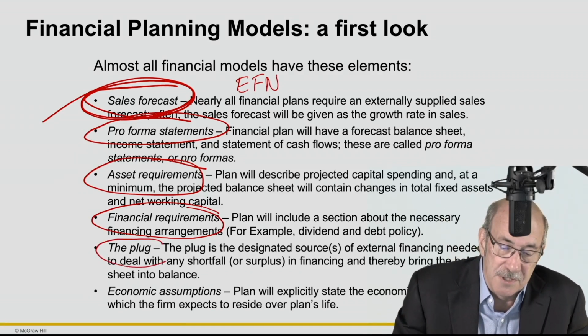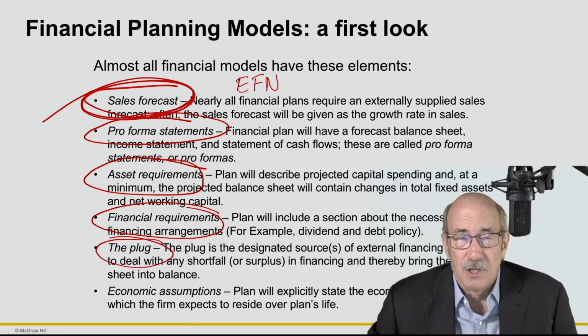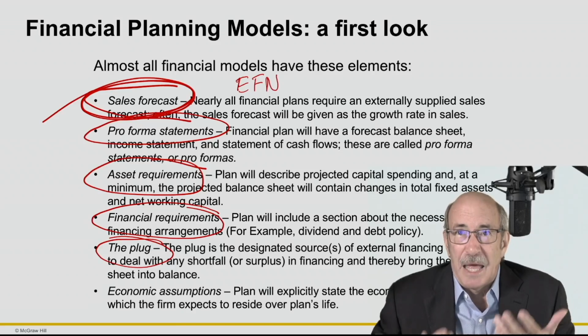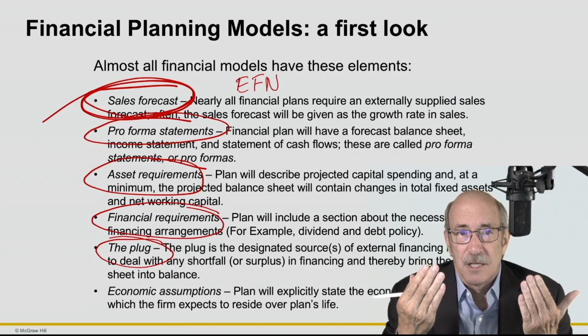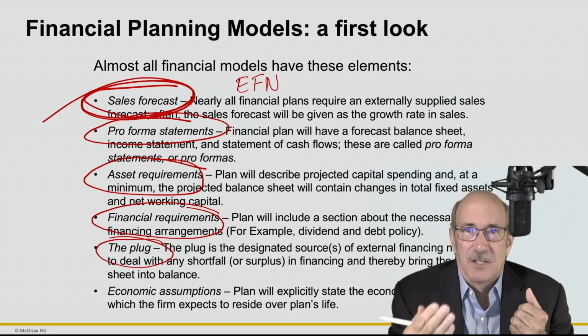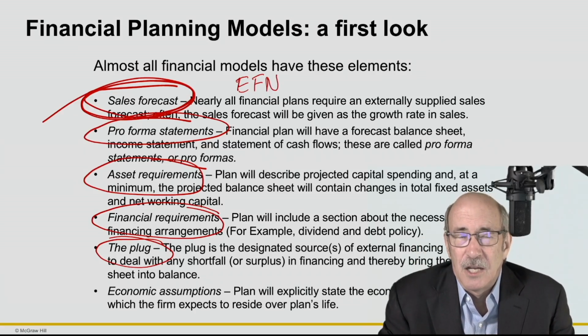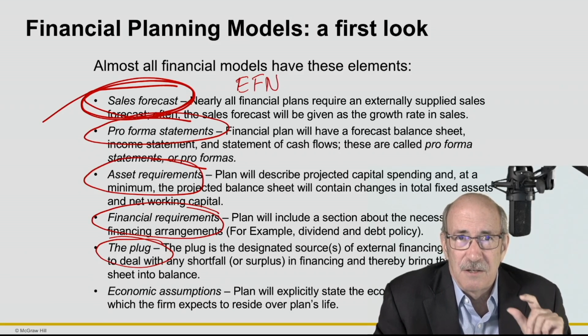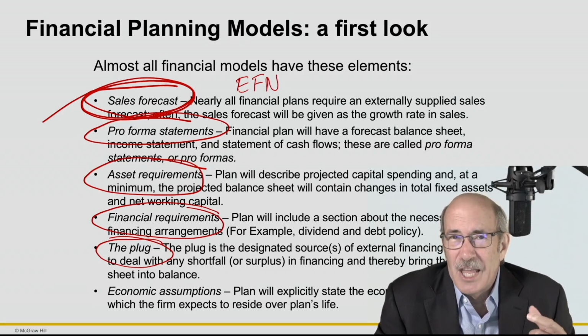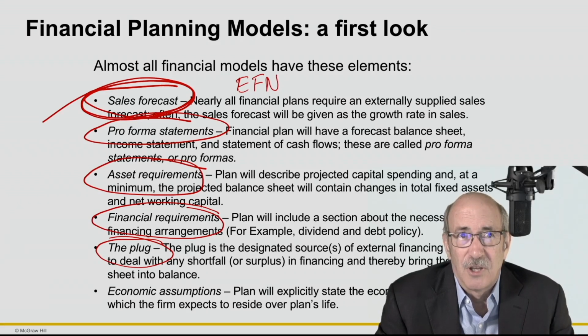And then there's this thing that the authors call a plug figure. Basically what that means is, and you'll see this when we get into the pro formas, the balance sheet has to balance, right? The left-hand side has to balance with the right-hand side. And if we're changing the working capital and not changing all of the fixed assets, maybe adding a little bit to it, but not the full amount of the increase in the sales.